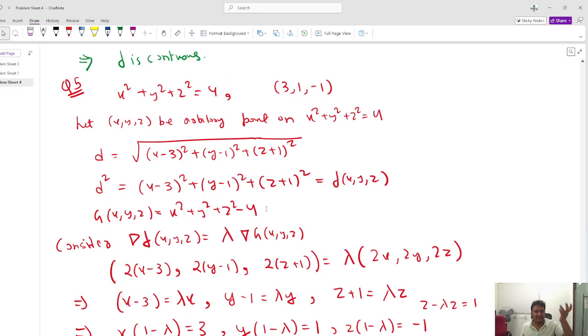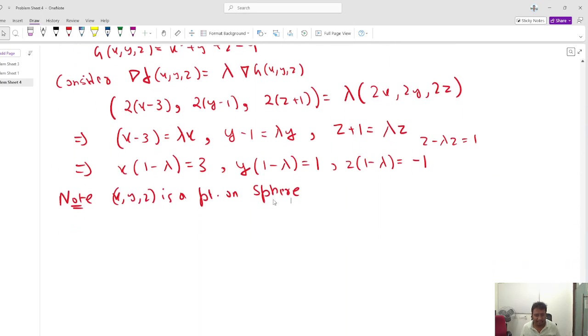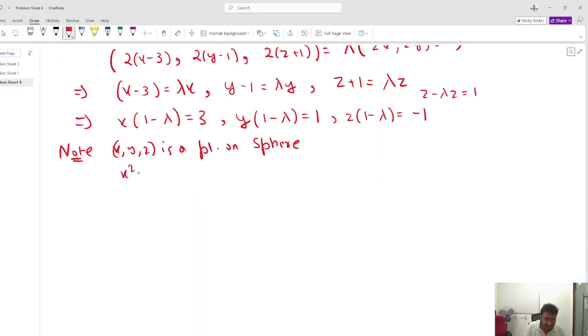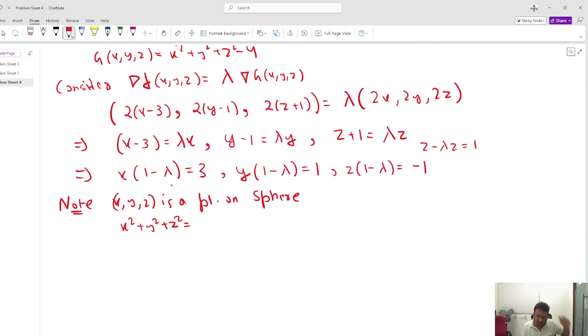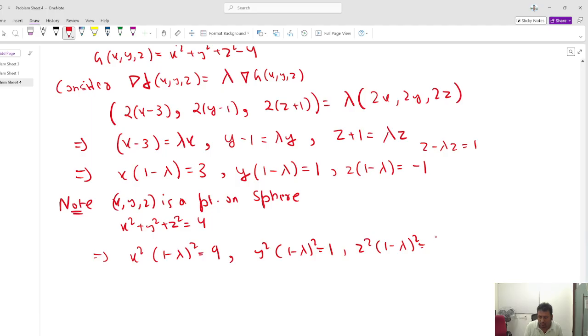It's where you are maximizing or minimizing. So it should satisfy that x square plus y square plus z square is equal to 4, the sphere you are taking. So do that. Square the sides: x square (1 minus lambda) whole square equal to 9, y square (1 minus lambda) whole square equal to 1, z square (1 minus lambda) whole square equal to 1. Add all the equations.